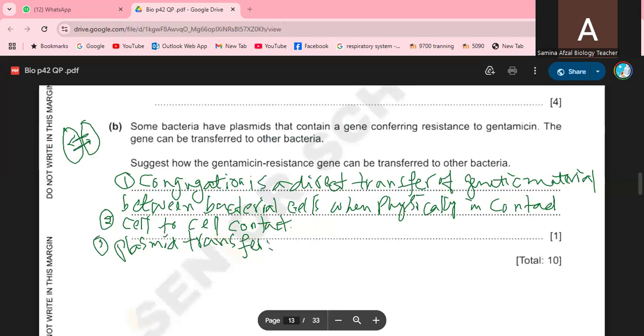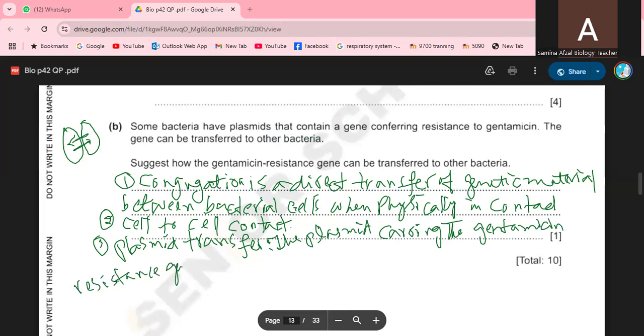So the plasmid carrying the gentamicin resistance gene is replicated.